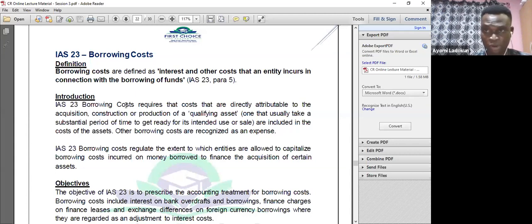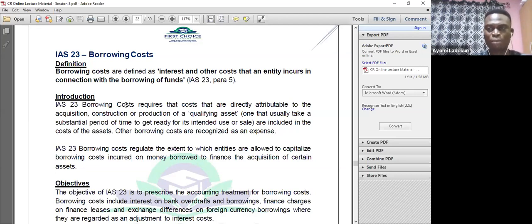If you borrow money, for example, you go to the bank to borrow 100,000. You know, the bank will not give you the money for free, right? So you're going to pay more than the 100,000 that you have borrowed. For example, they can say you are borrowing at 5% per annum. If you apply 5% on 100,000, that should give you 105, if I'm correct, right?